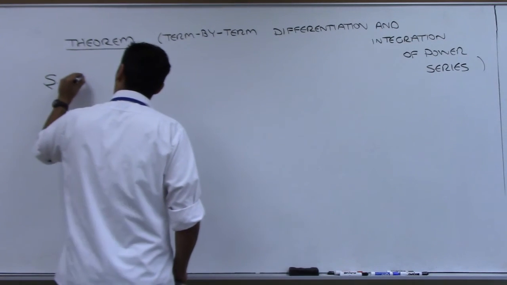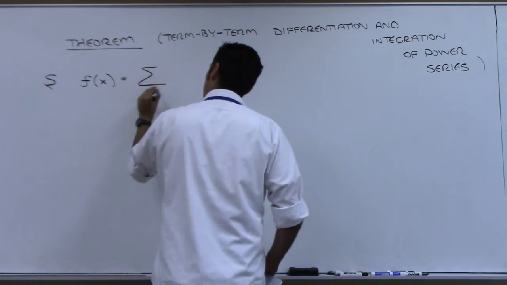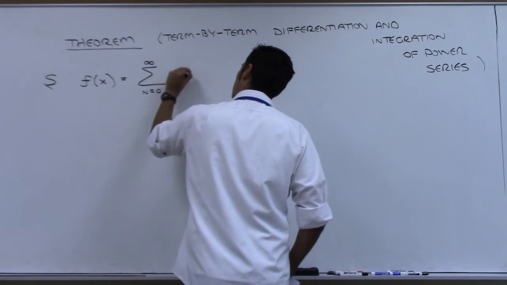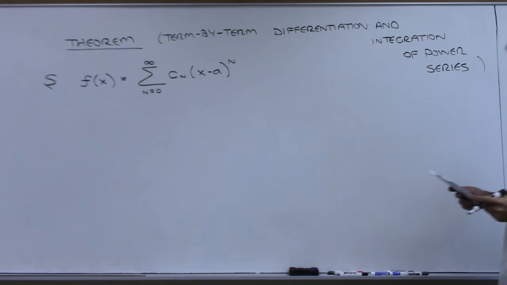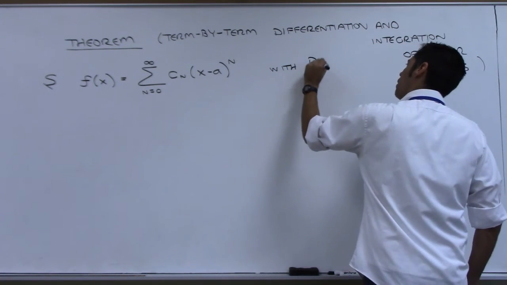Suppose f of x equals the sum n equals 0 to infinity c sub n times x minus a to the n, with R being greater than 0.